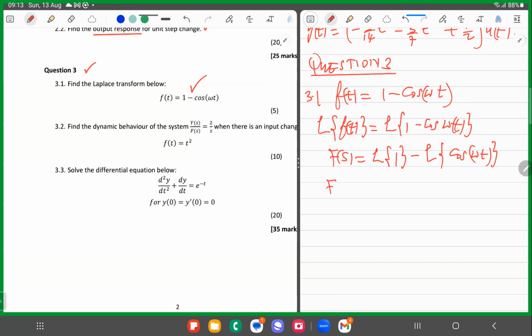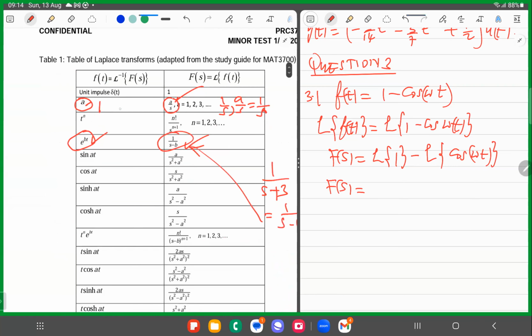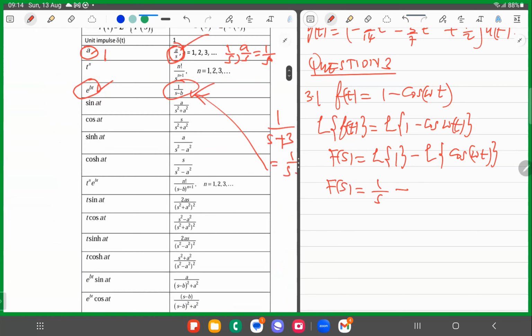What is the Laplace transform of 1? If it is 1, it is 1 over s. So for the unit, it's just 1 over s. Minus, from the table, the Laplace transform of cosine omega t is s divided by s squared plus omega squared.